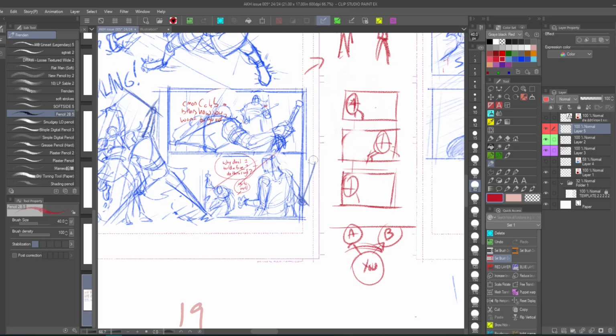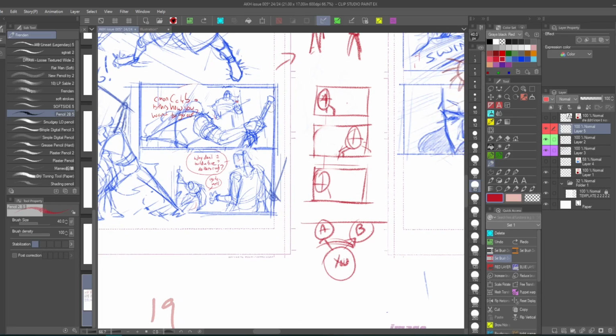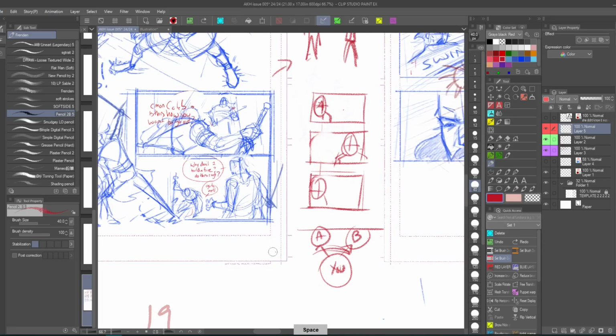Then a down shot where my good guy is on his knees, like an over the shoulder. These two shots are sort of the reverse of each other, and that's just to establish the space between the characters.